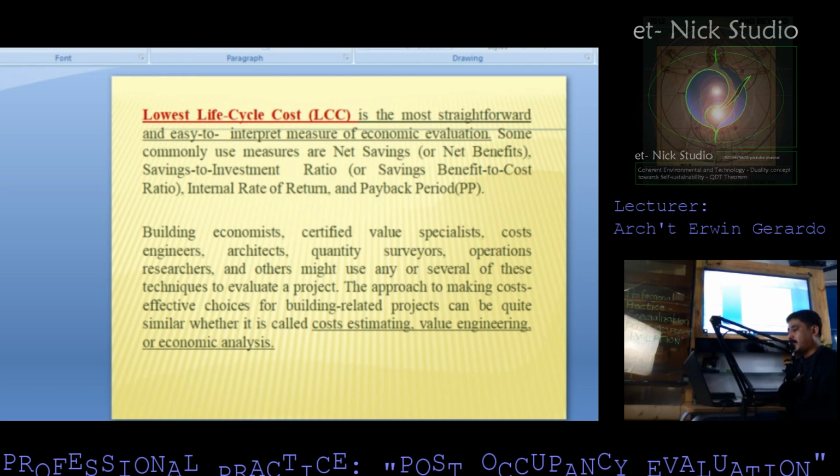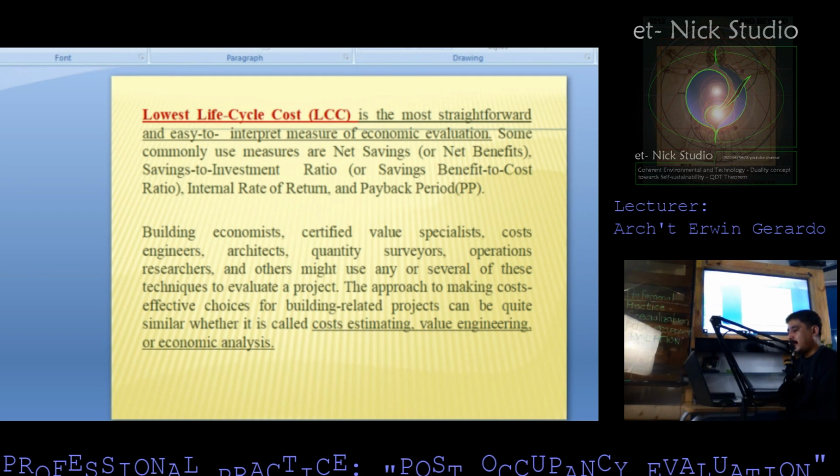Building economists, certified value specialists, cost engineers, architects, quantity surveyors, operations researchers, and others might use any or several of these techniques to evaluate a project. The approach to making cost-effective choices for building-related projects can be quite similar, whether it is called cost estimating, value engineering, or economic analysis.